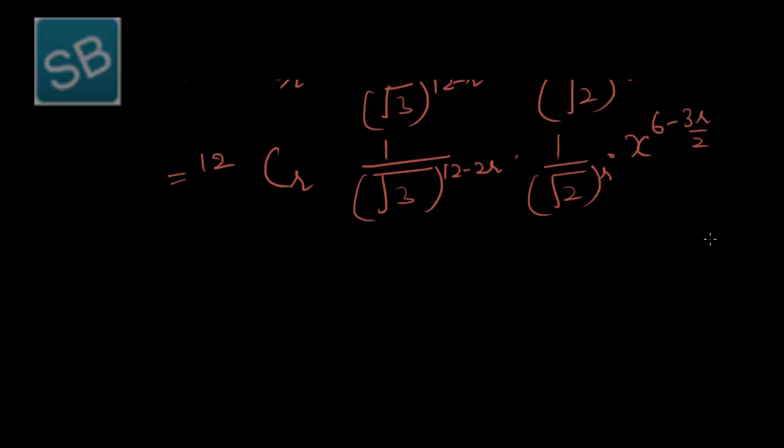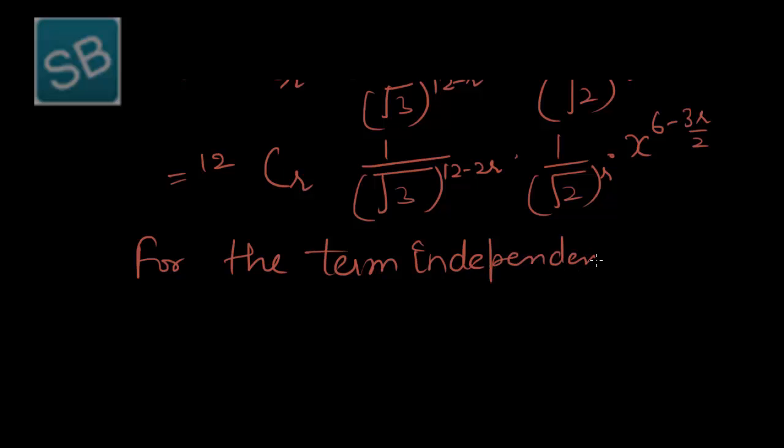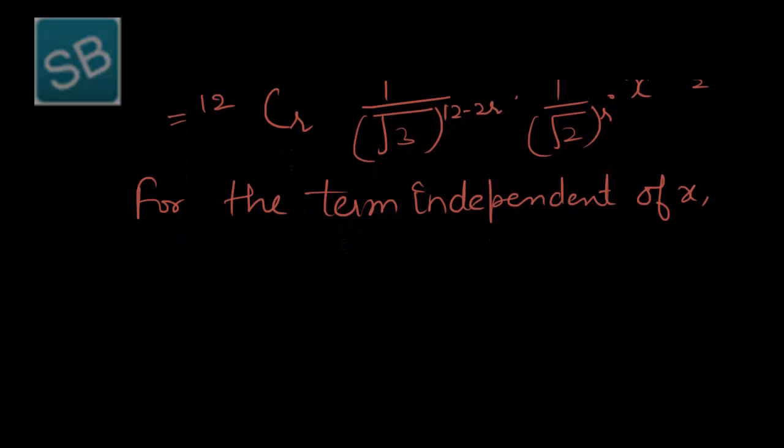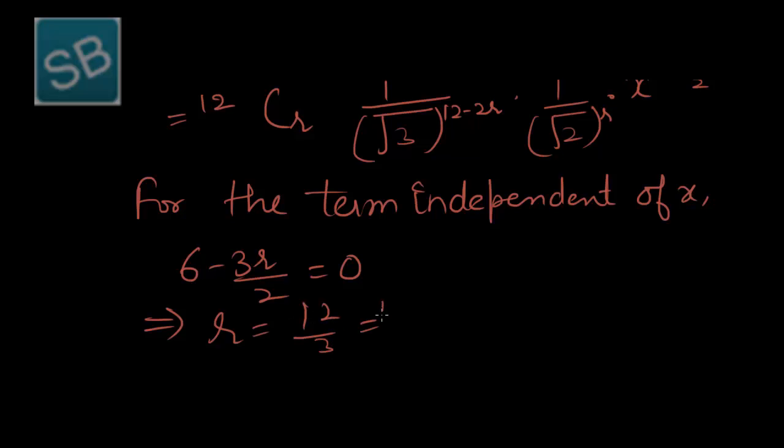So we have to find the term independent of x. We get 6 minus 3r by 2 is equal to 0. From this we get r is equal to 12 over 3, that is 4. So when r is equal to 4, the term will be independent of x.